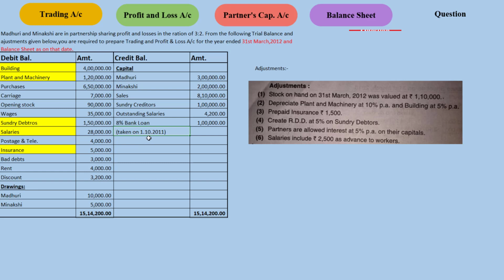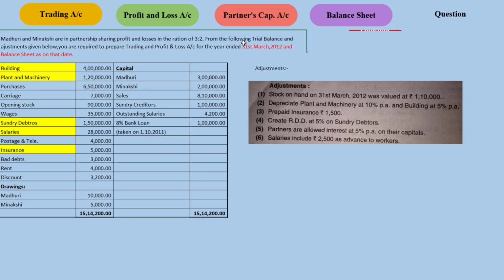Loan taken on 1/10/2011. This hint they have given to calculate interest on bank loan. Okay, so we'll count this date till the end. Ending date is 31st March 2012.